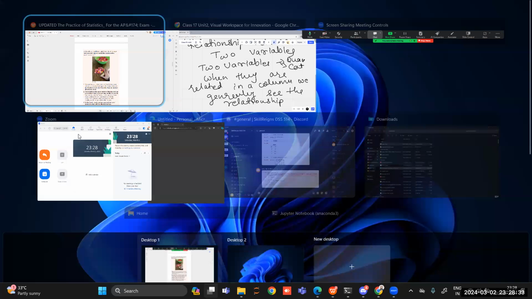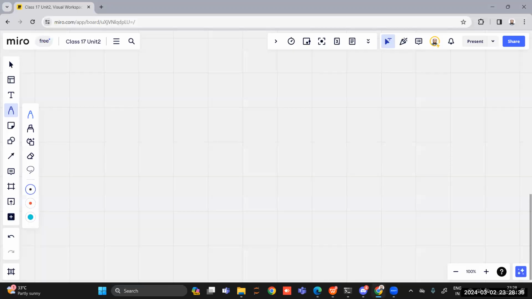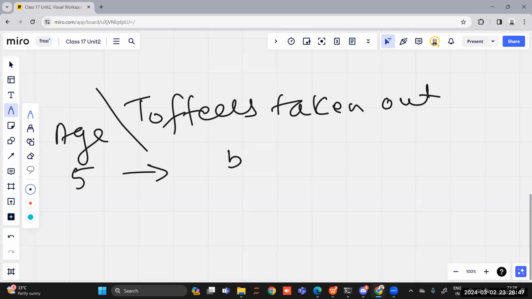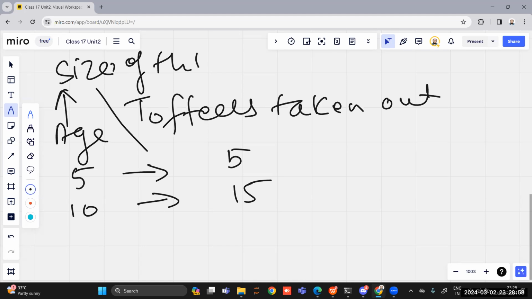For example, we are comparing toffees taken out and the age of the children. For example, the age is 5, so the toffees will be 5. For example, the age is 10, then the toffees will be 15. As the age grows, the size of the hand also increases.